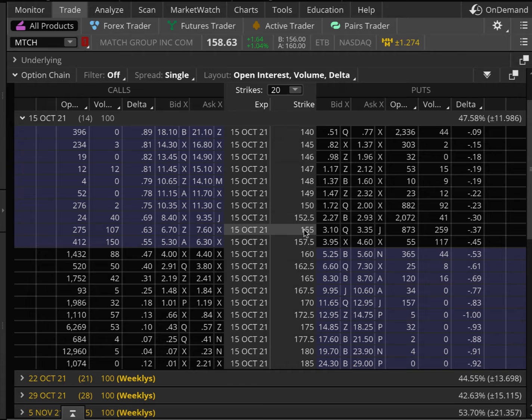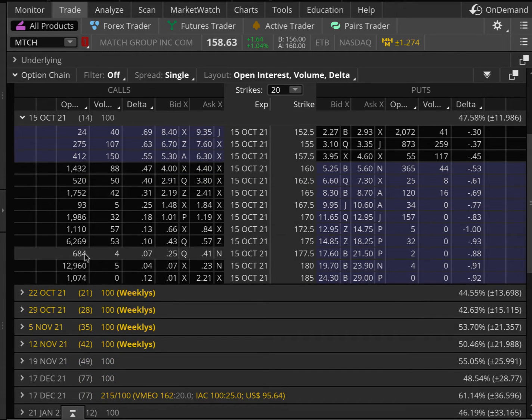If the price of MATCH went up to $156, the option will go from $7 plus 63 cents. So it'd be $7.63 if MATCH went to $156. You can see that a gain of 63 cents is a huge gain from a $1 price movement.